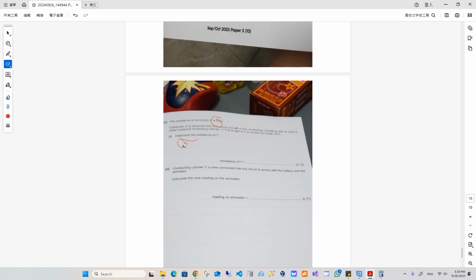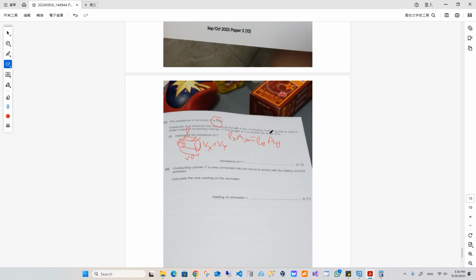So my Vx equals Vy. Vx is the length X times the cross-sectional area of X, which equals the length Y times the cross-sectional area of Y, because volume is length times area for a cylinder.